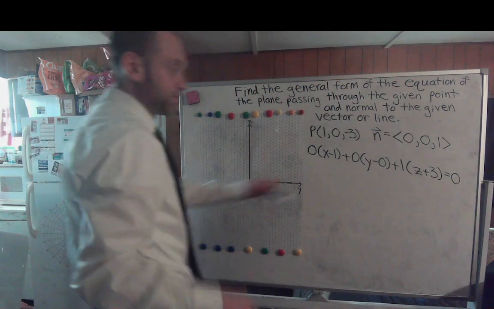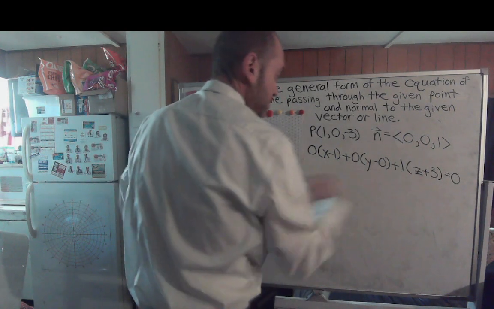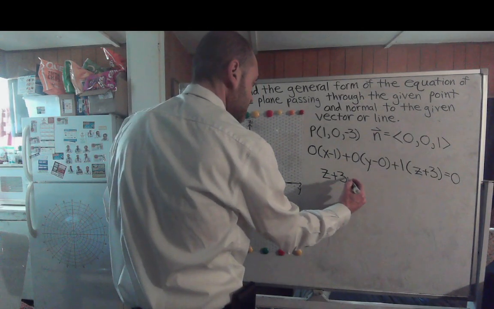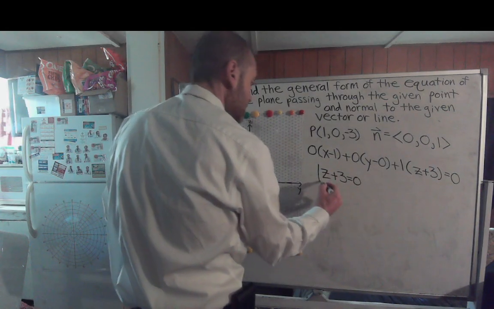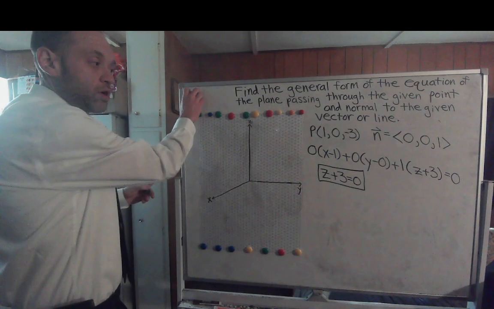Good news is the first two terms go to 0, so your last term, you're just going to distribute a 1. The equation of this plane would be z plus 3 equals 0.